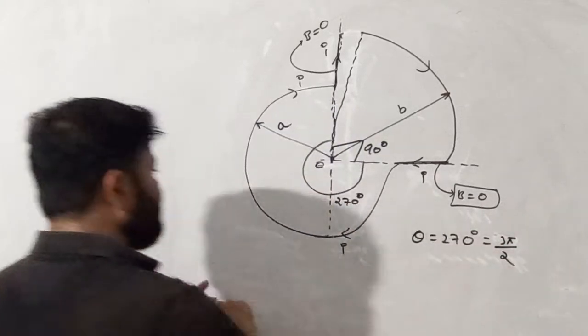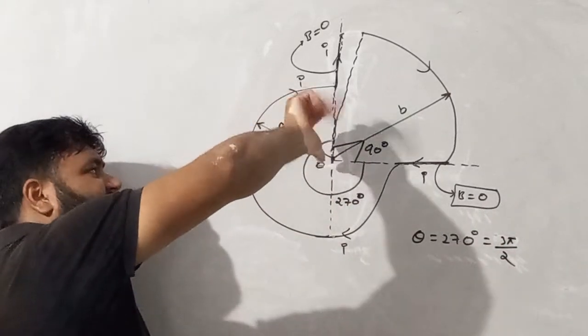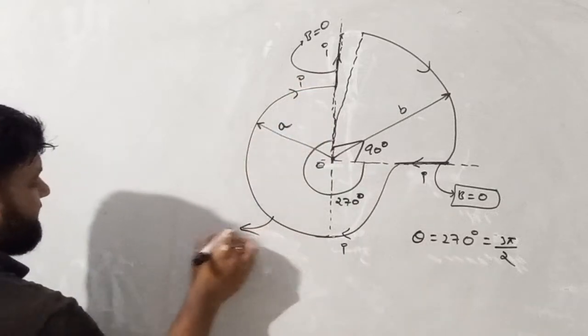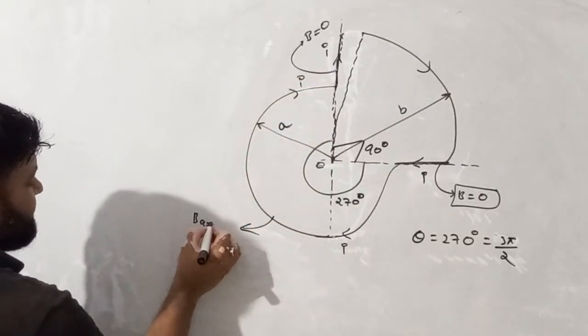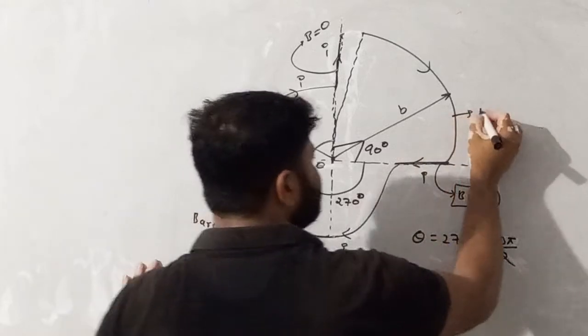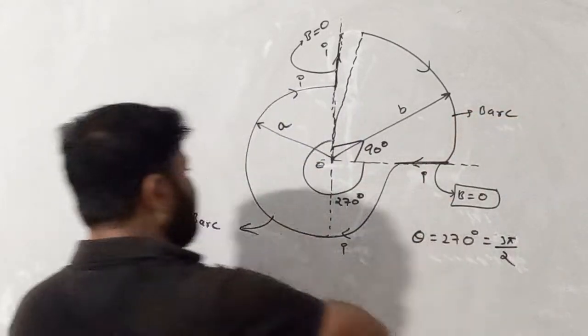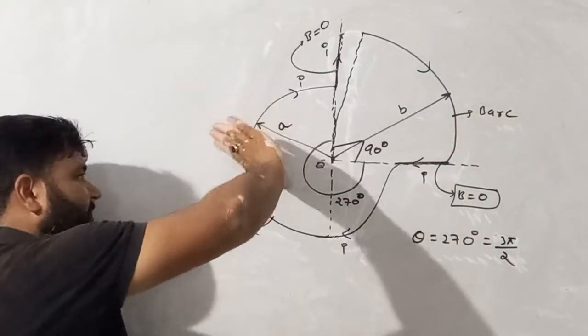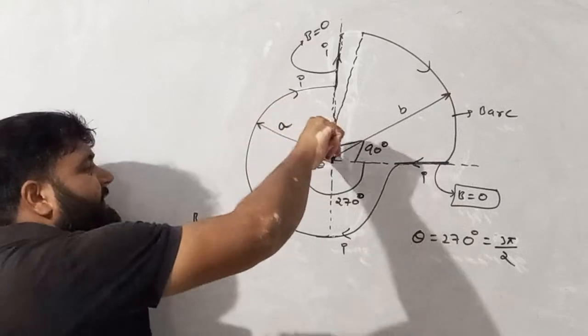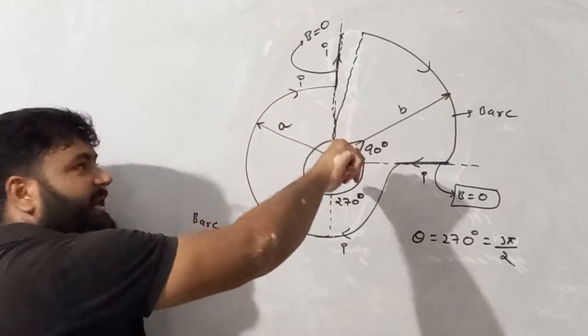Now see the direction of magnetic field due to this part of arc, this is considered to be an arc, this is also considered to be an arc. Due to this arc, the direction of magnetic field at point O is inside.